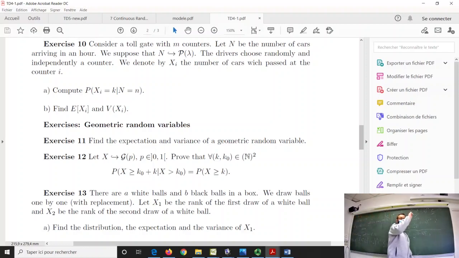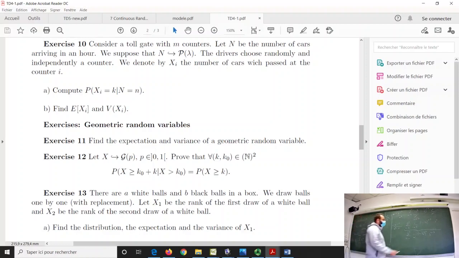I change n into n minus k, meaning that I have here n plus k. My new index becomes n minus k, and I start my sum from 0, replacing this index by this new one. Do you agree? It's a classical basic change of index, as we have already done.